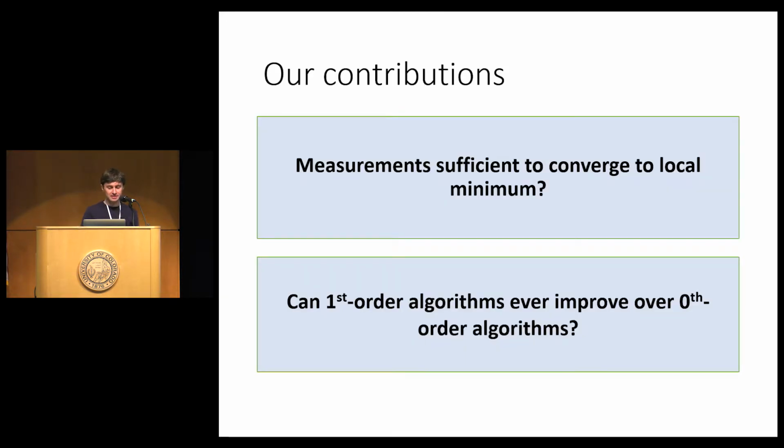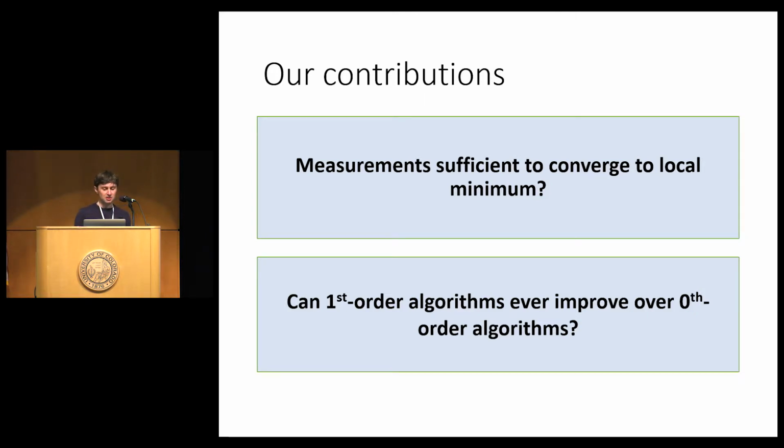Okay, so there were essentially two sorts of questions we were trying to answer. One question was, how many measurements are sufficient to converge to a local optimum in this setting? The global problem is complicated and non-convex, but we can ask, if we're in the vicinity of a local optimum, how many iterations do we need to converge, essentially?